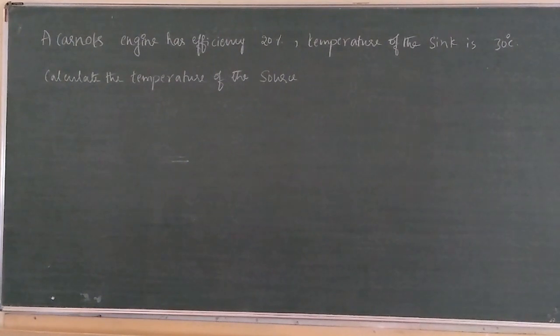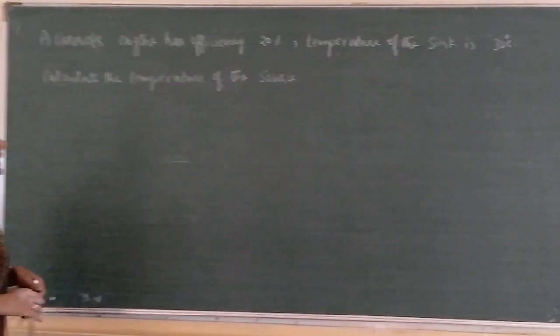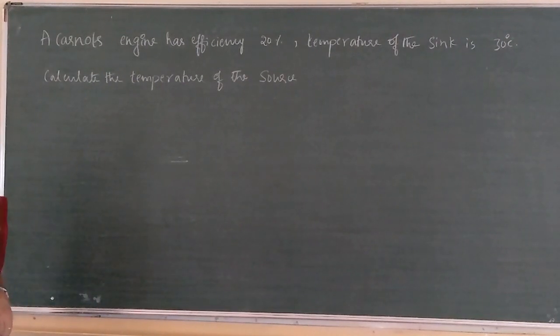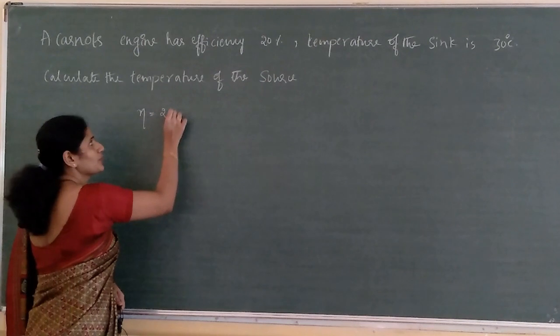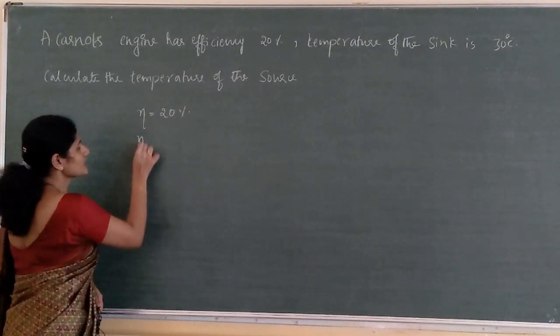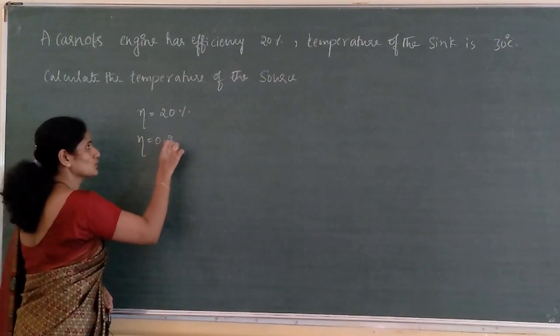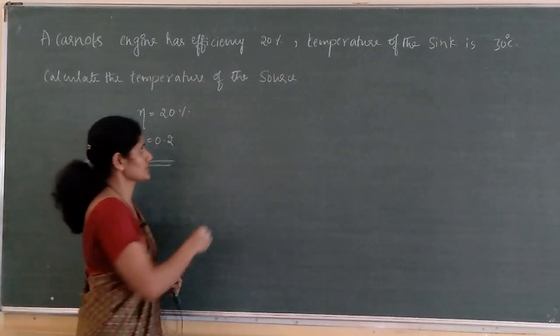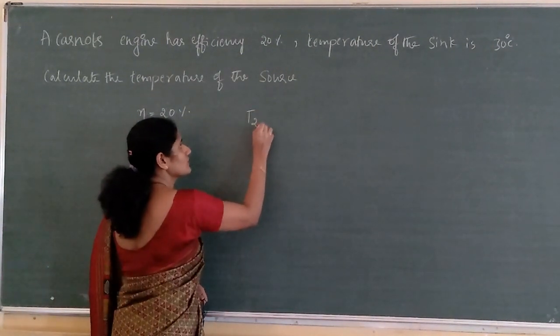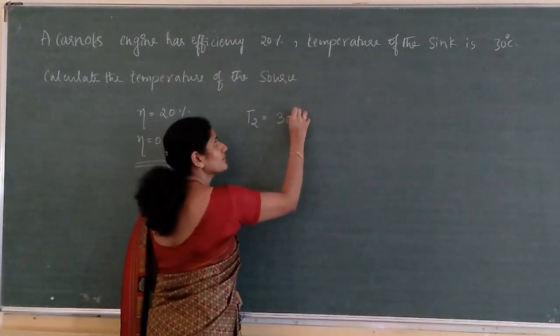So, this is the last problem. A Carnot's engine has efficiency 20%. So, efficiency of the engine is 20% or eta is equal to 0.2. Temperature of the sink is 30 degrees Celsius. So, T2 value is given as 30.